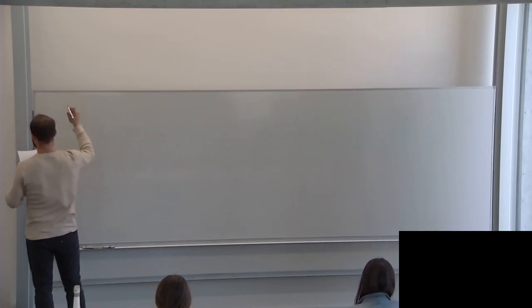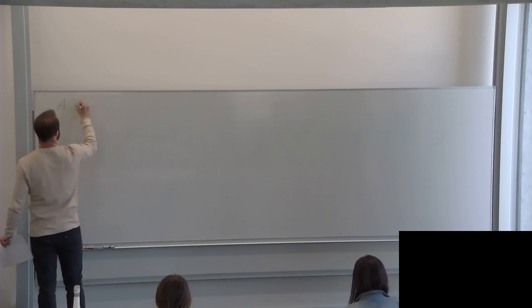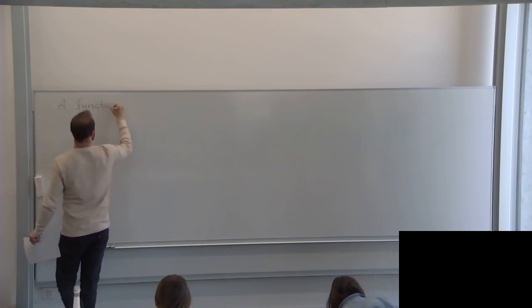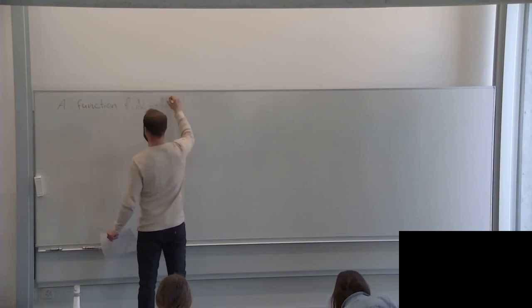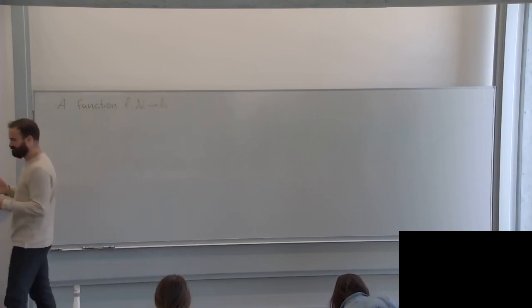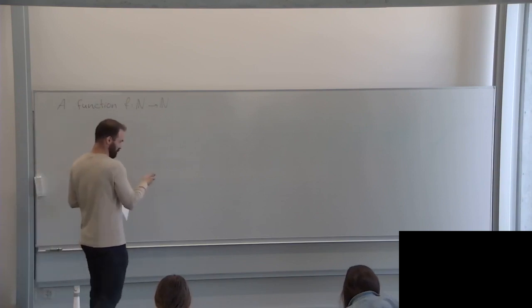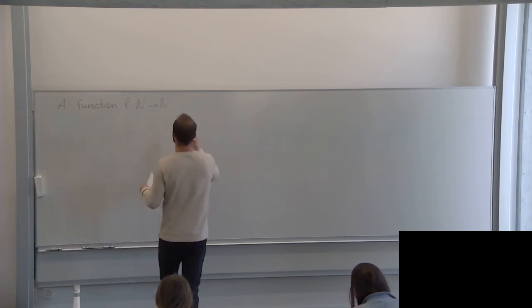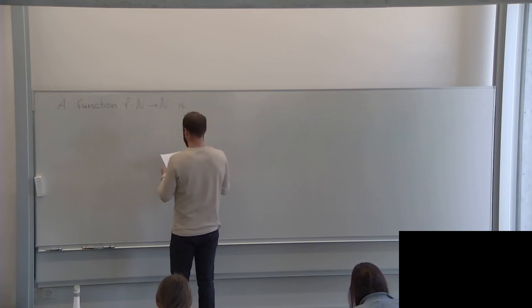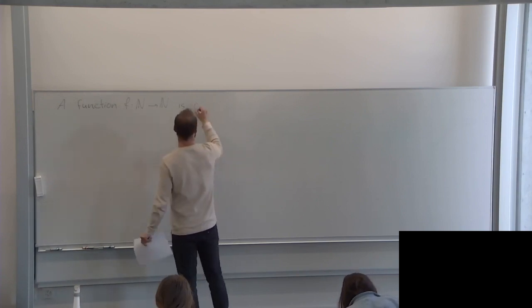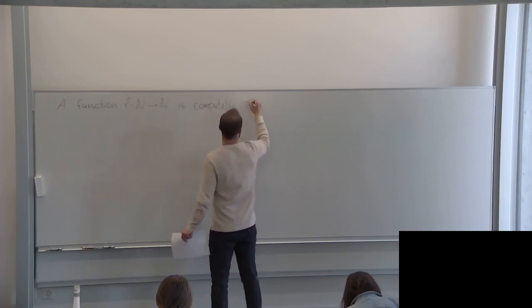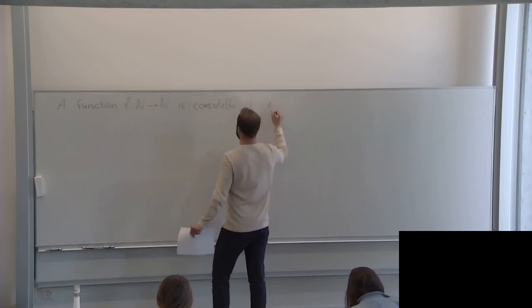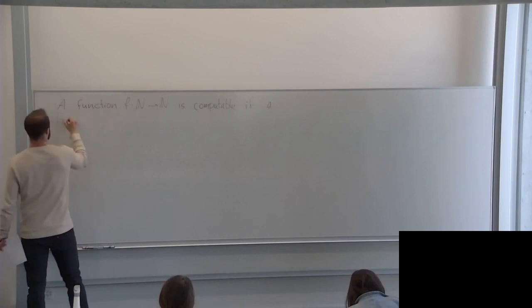Just as a small reminder, a function f from the natural numbers to the natural numbers is computable if a Turing machine computes it.